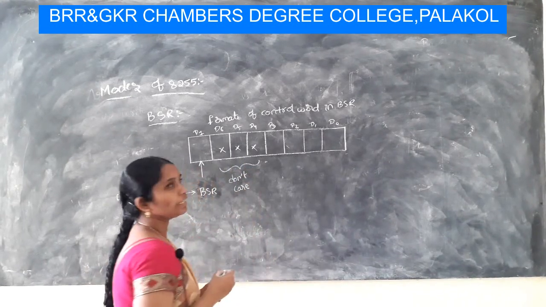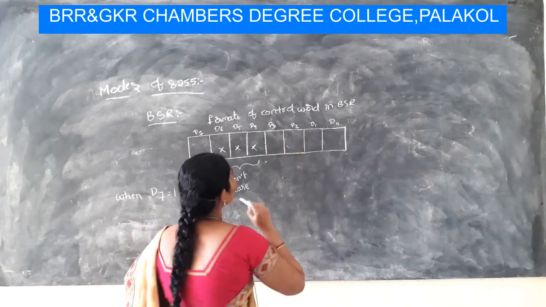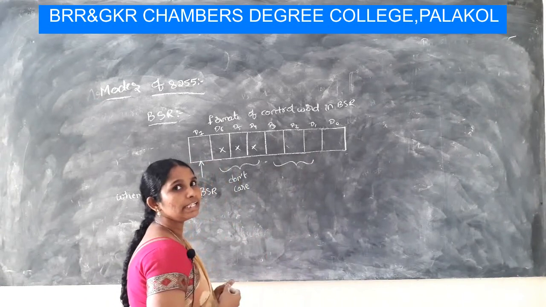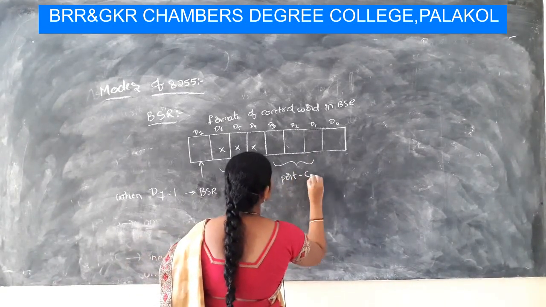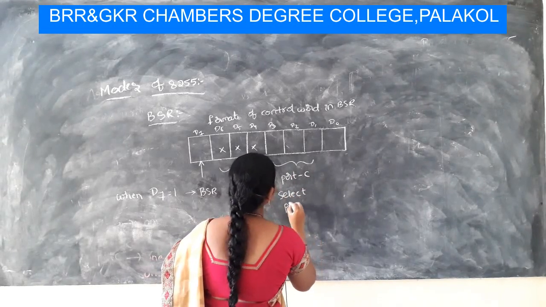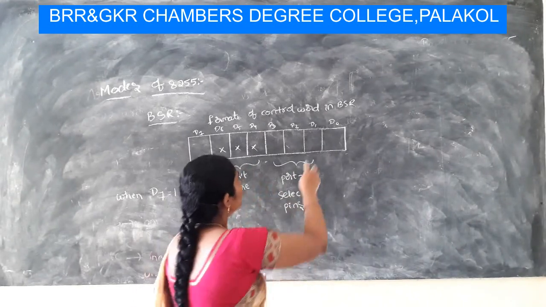Okay. Next are D3, D2 and D1. These all belong to the port C select pins. And next one is D0.